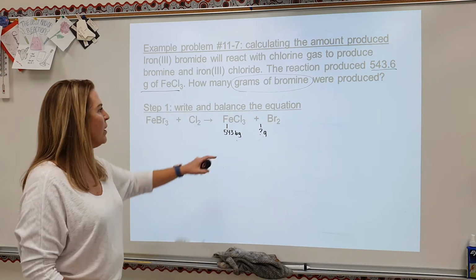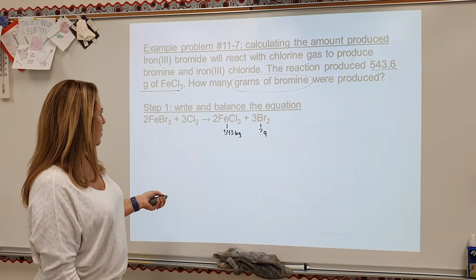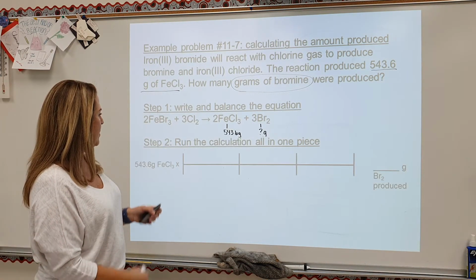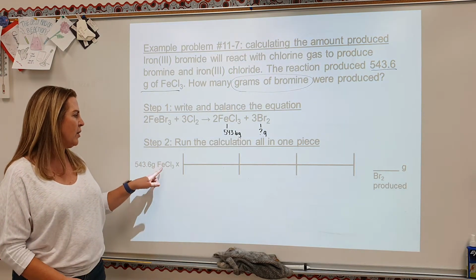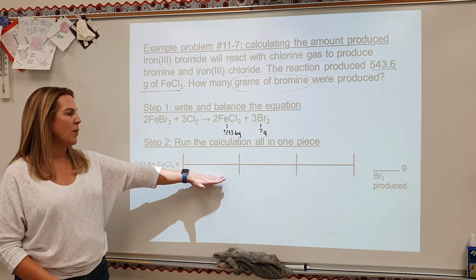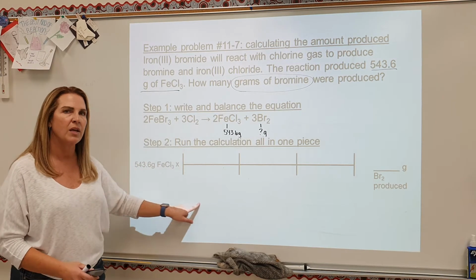So here we go. We're going to always begin with what was given. All right, step 2, run the calculation all in one piece. Starting with 543.6 grams of FeCl3. If I've got grams upstairs, I want grams downstairs, moles here. So molar mass is going to go right here.